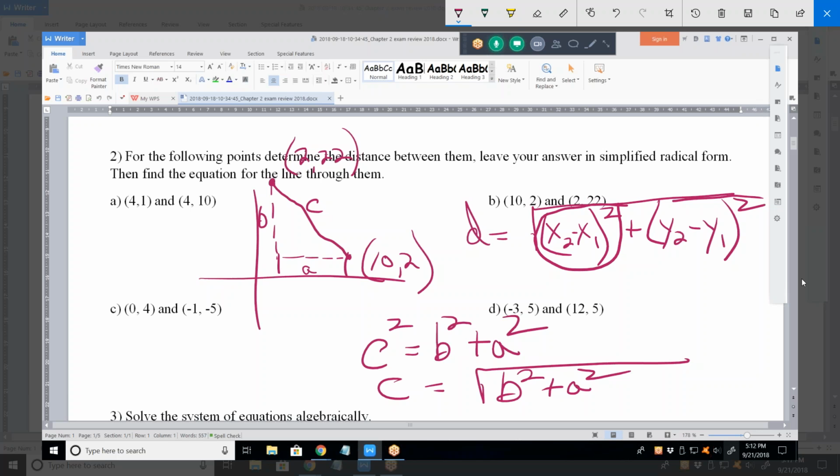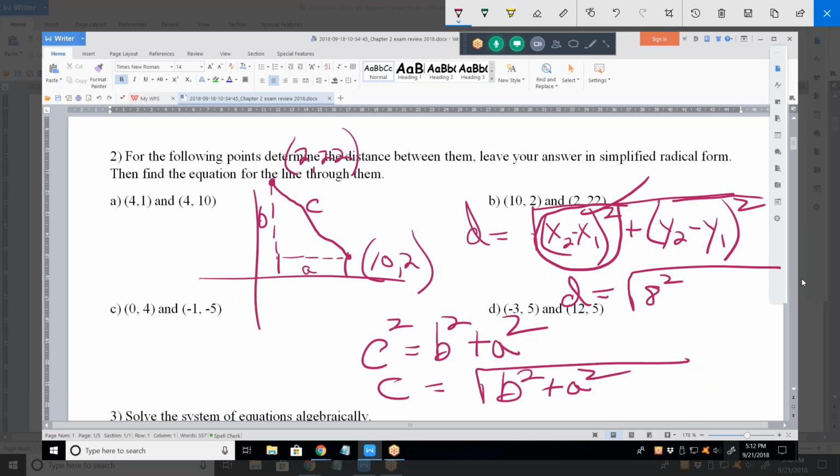X2 is 2. And then X1 is 10. And it doesn't matter which way you do the subtraction. Whether you get 8 or minus 8 isn't going to matter because notice we're going to square it. So we get the distance equals the square root of 8 squared.